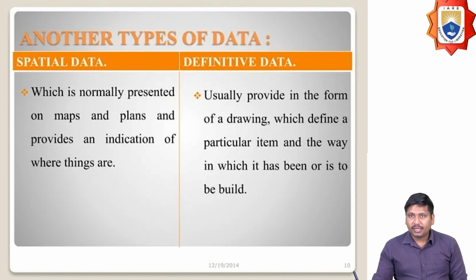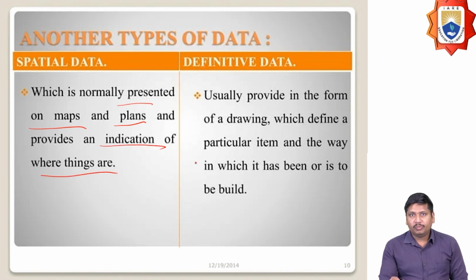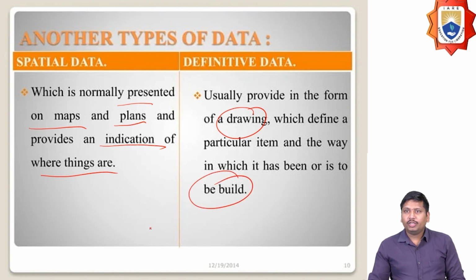And definitive data is usually provided in the form of drawings which define a particular item and the way in which it has been or is to be built. So that should be definitive data.